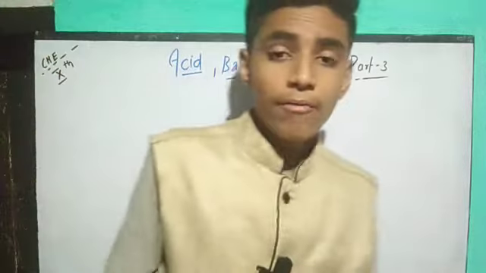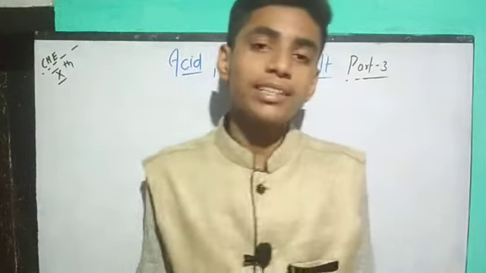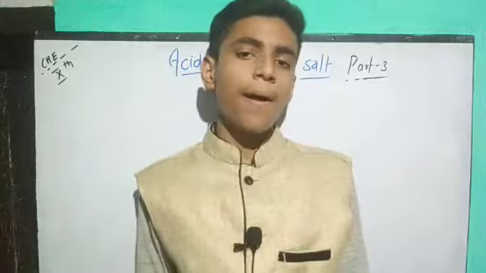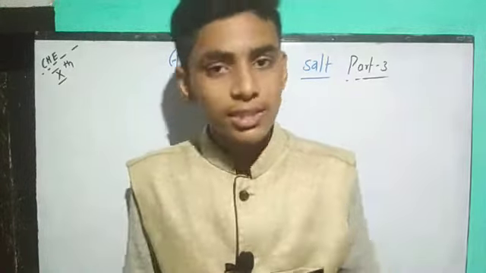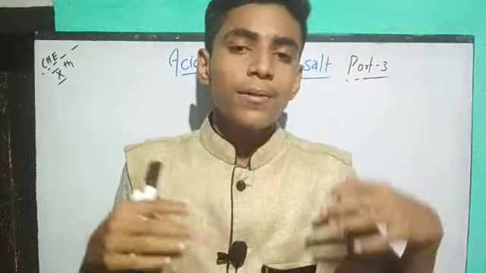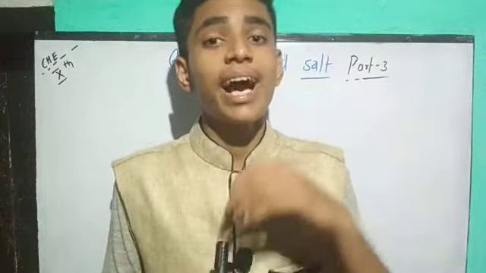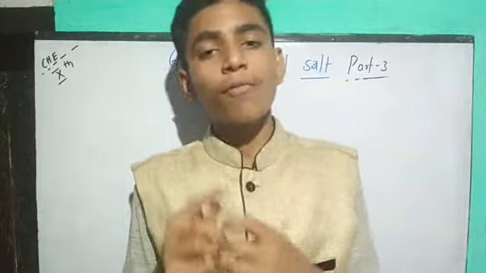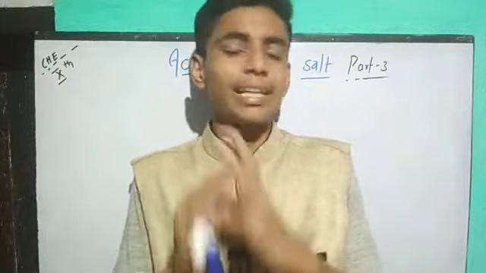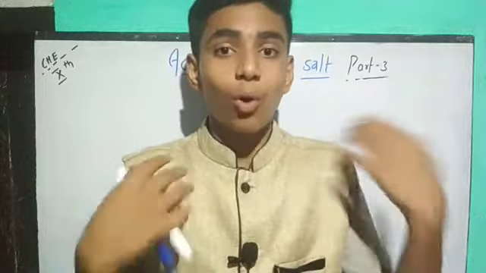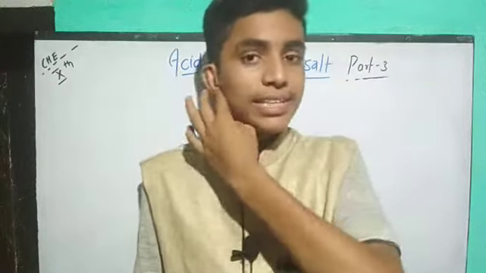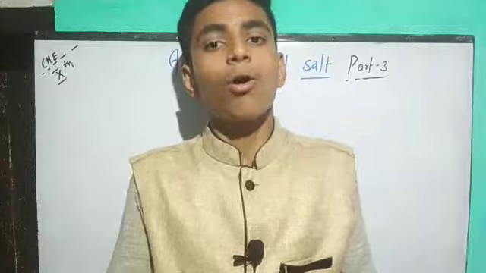Actually, I told you, in order to classify whether a given solution is acid or base, we take litmus paper and get clarity whether a solution is acid or base. But what about conditions where we have to find the strength? We already know that this solution is acid. Now we have to find whether it is a strong acid or weak acid, or whether the base is a strong base or weak base.